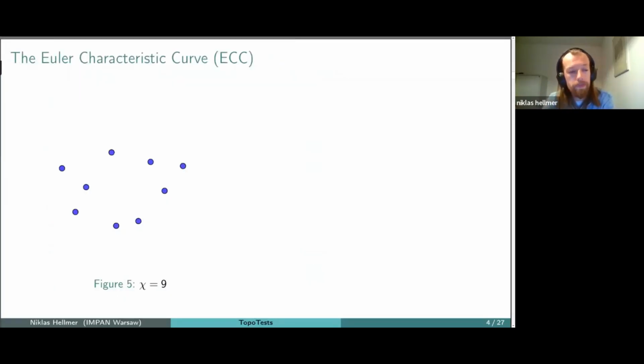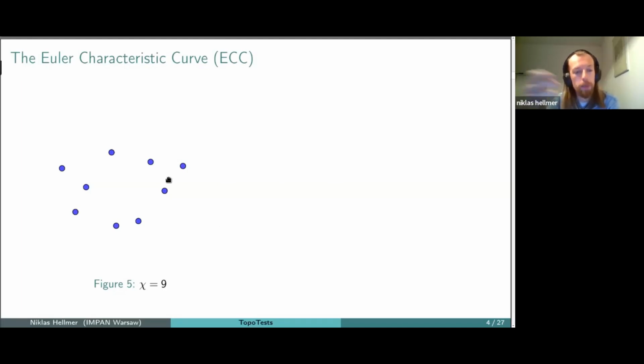So the topological tool I want to use is the Euler characteristic curve. To give you some intuition how I think of the Euler characteristic curve here, you have a point sample of just 9 points.